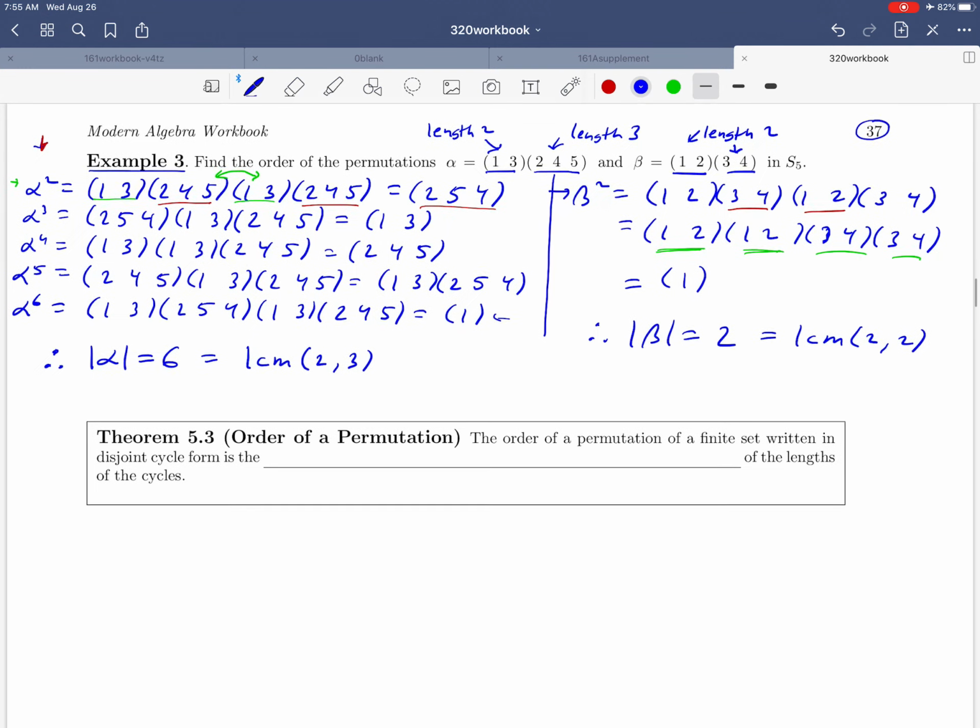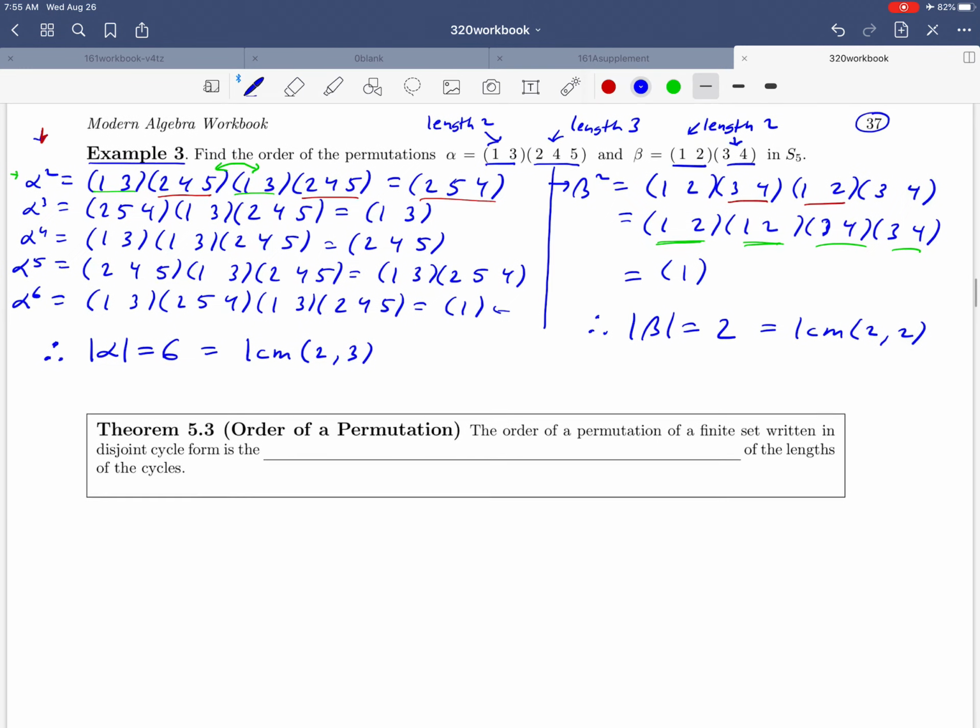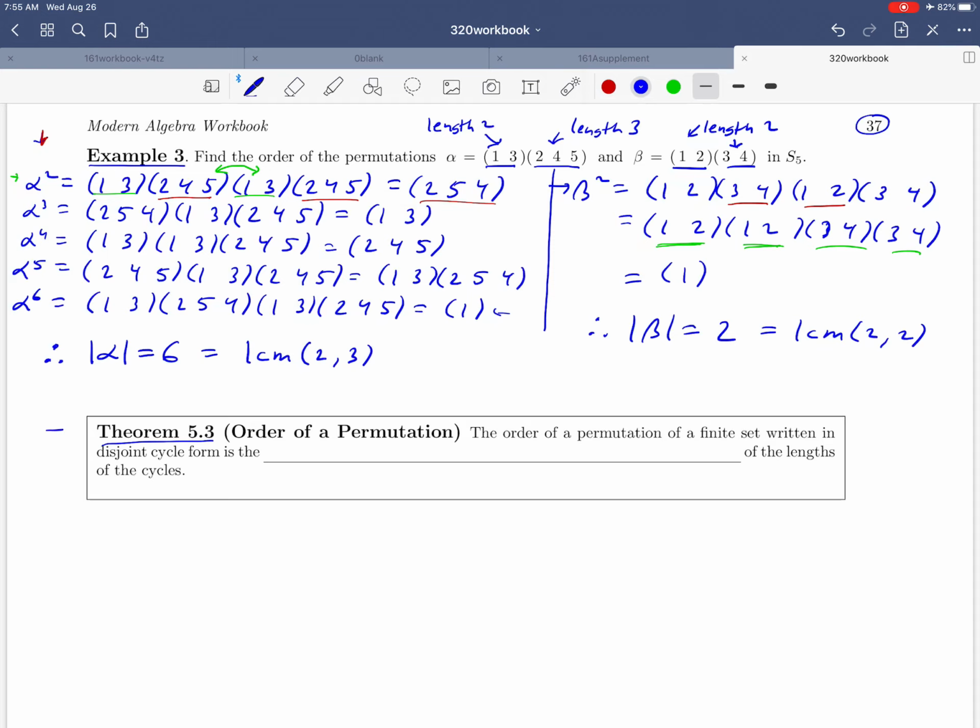So here's what we can say in general. We won't prove this theorem together, but you're welcome to look at the written notes and look at an outline of the proof if you're interested. This allows us to determine the order of a permutation that's in disjoint cycle form. Here it comes. The order of a permutation of a finite set written in disjoint cycle form, and I want you to underline that, that's very important.